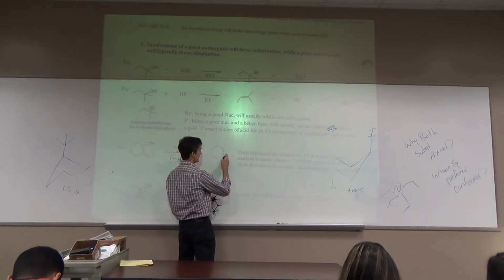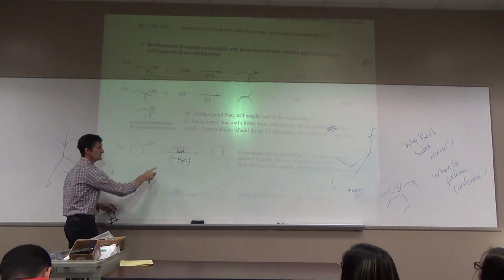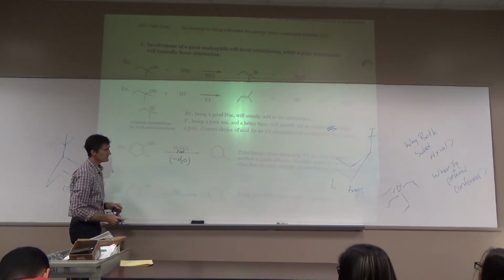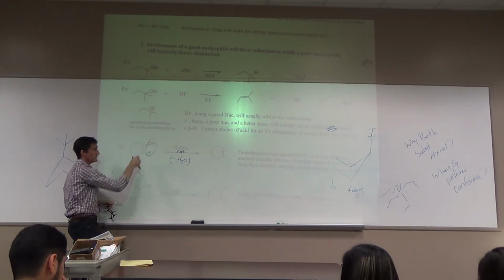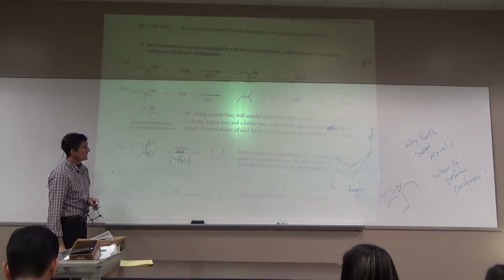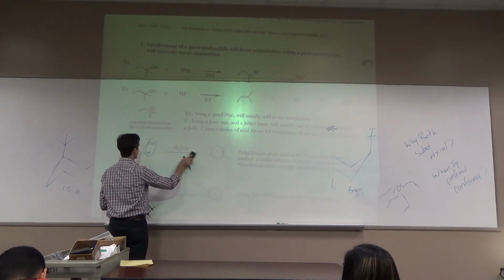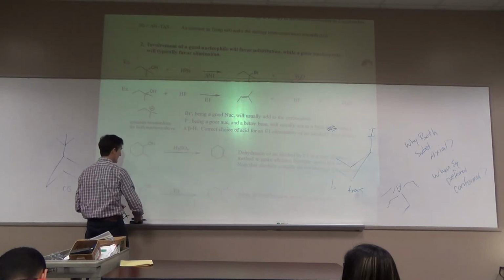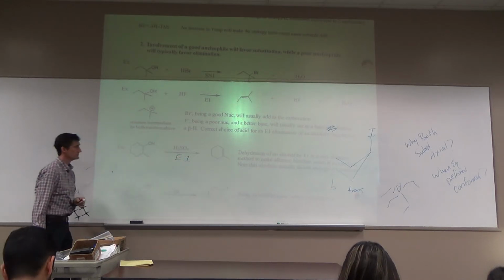Or if you want to come over here, you can say this plus water. The water is eliminated from the reactant. This is one way to show that. Because we're removing an H here. Okay, we're removing water, putting in the double bond. Obviously, elimination. Is it E1 or E2? E1. Yeah, it's obviously an E1 elimination.